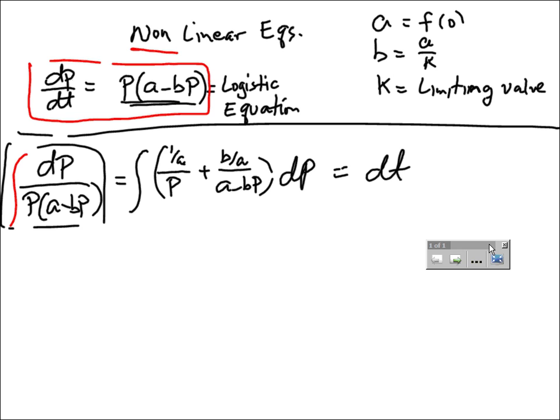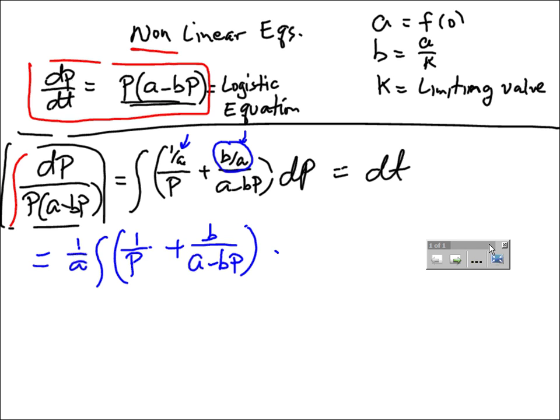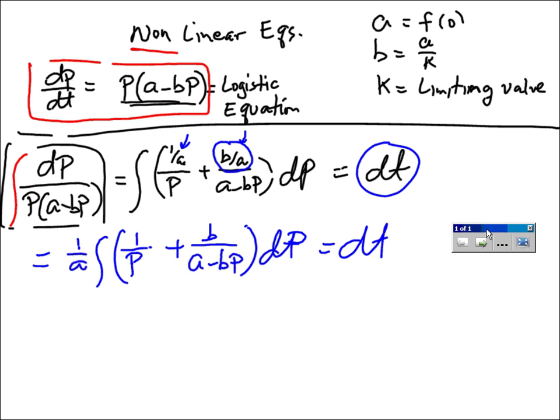The first thing I would do is factor out a 1 over a here, and since it's a constant, I go all the way in front. For the first fraction, I just get 1 over p. For the second fraction, when I pull out the 1 over a, I just get b on top, and on the bottom, I have a minus bp, dp, excuse me. And this equals dt.